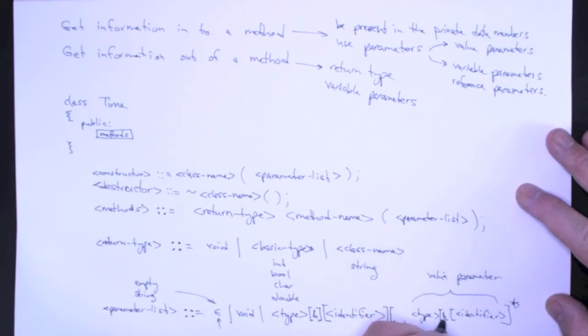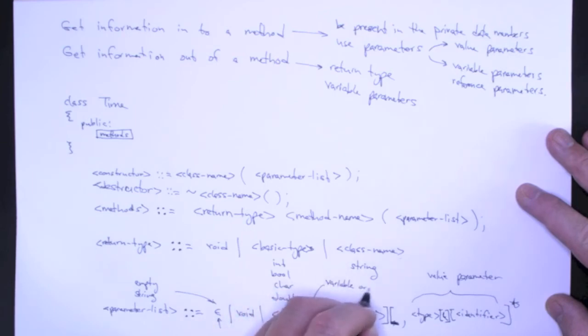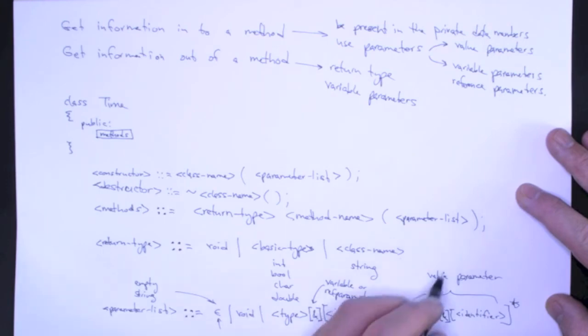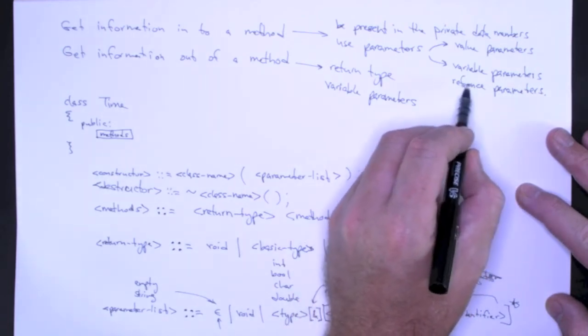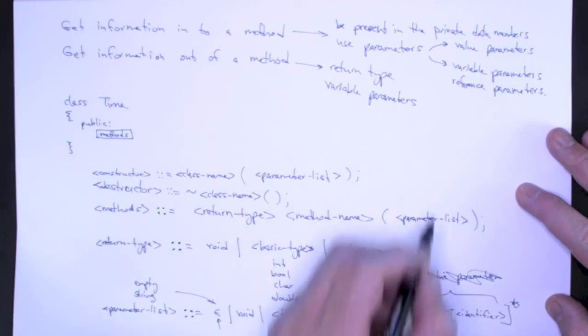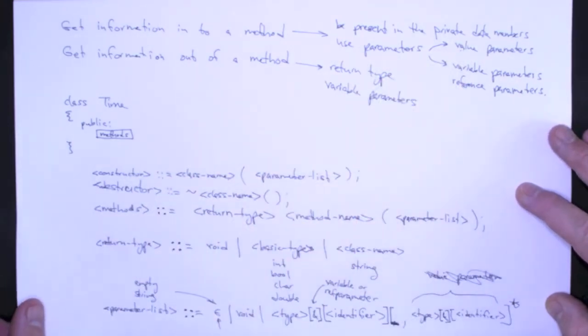So optionally, we can create a variable or reference parameter. Reference parameter, okay? So this is no longer variable parameter. If we add the ampersand, then we're declaring a variable parameter. If we leave off the ampersand, then we're declaring a value parameter. And we'll talk about the differences in those in just a few minutes.